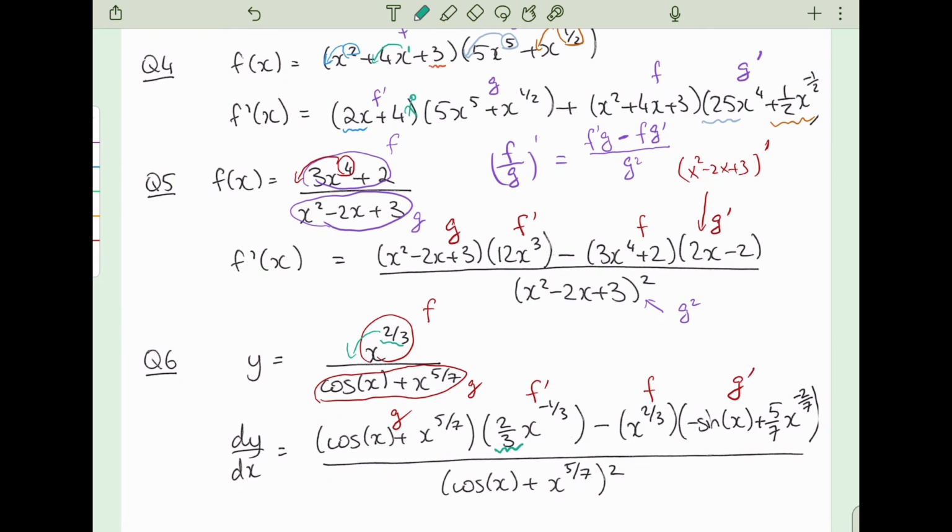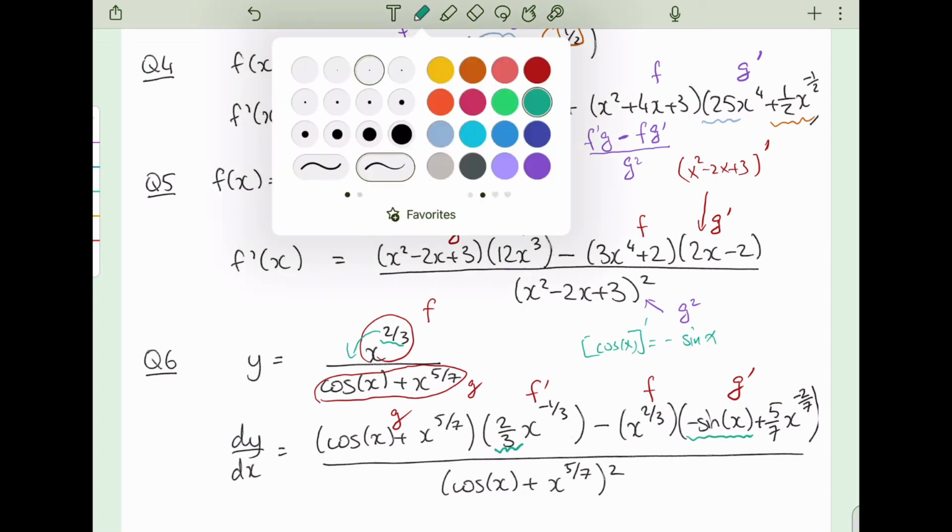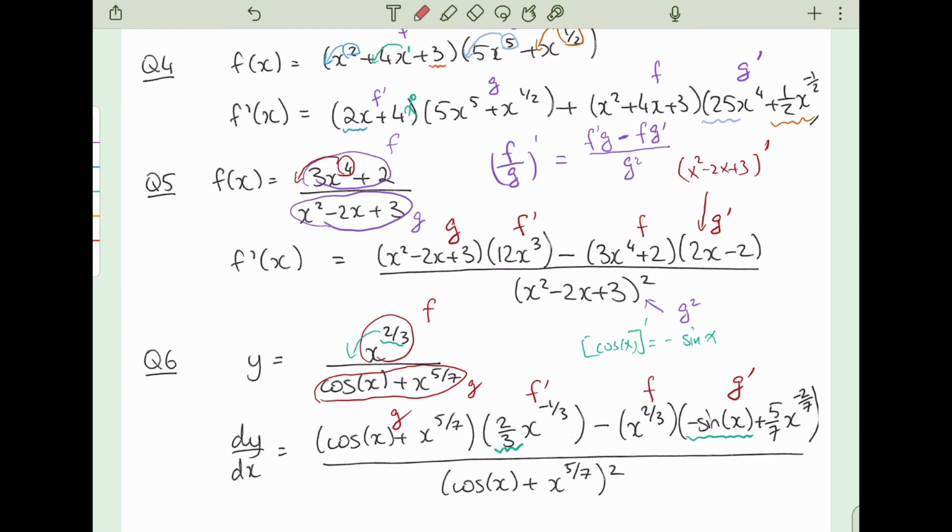For g prime, we have cos of x. We know that the derivative of cos of x is negative sine of x. You just look up the formula sheet. So that's why we have this thing here. And for the next term, that is 5 over 7. So this goes to the front, and then the new power is this minus 1.